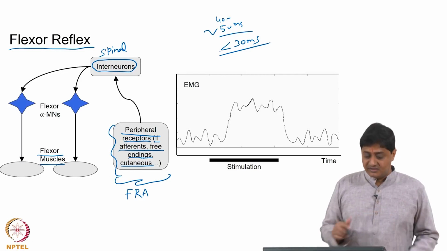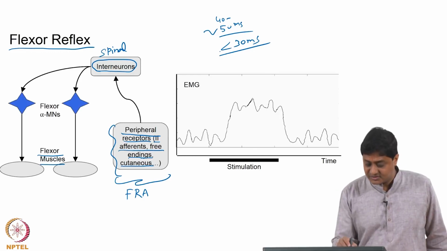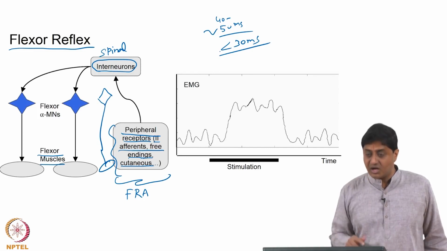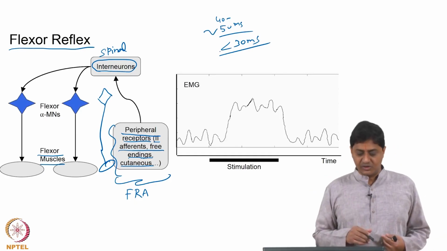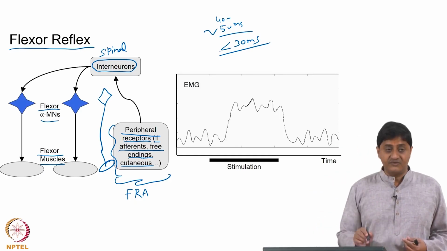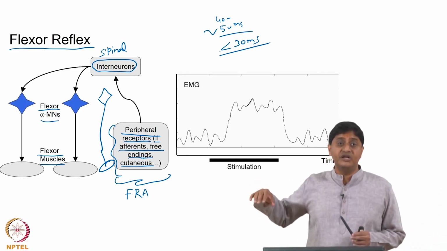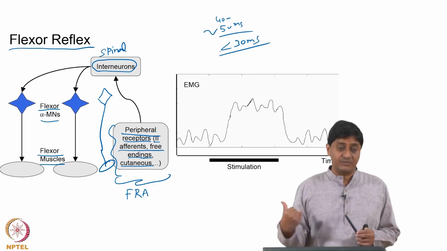More danger, this could happen in more number of muscles. So if the stimulus is perceived as more dangerous, then more muscles or stronger alpha motor neuronal activation of the flexors will happen in such a way that the withdrawal can involve multiple limbs, multiple segments of the body.